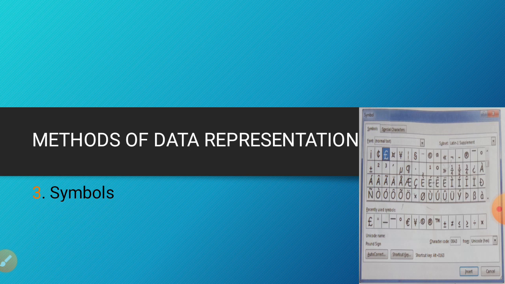Symbols could be mathematical, like your minus, plus, and multiplication symbols. It could be a currency, like your dollar symbol, naira symbol, pound symbol. It could be copyright or trademark. There are very many of them, and all these symbols are very important.